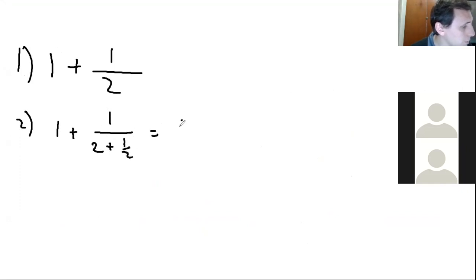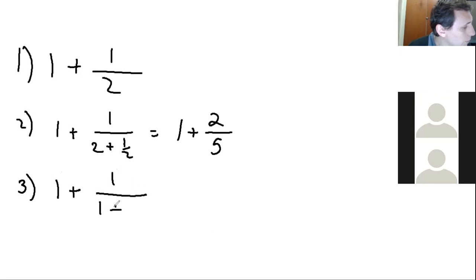And I multiply everything by 2. So what I get is 1 plus 2 divided by, I multiply this by 2 and this by 2, so it's 2 divided by 5. Next estimate is 1 plus 1 over 1 plus 2 divided by 5.